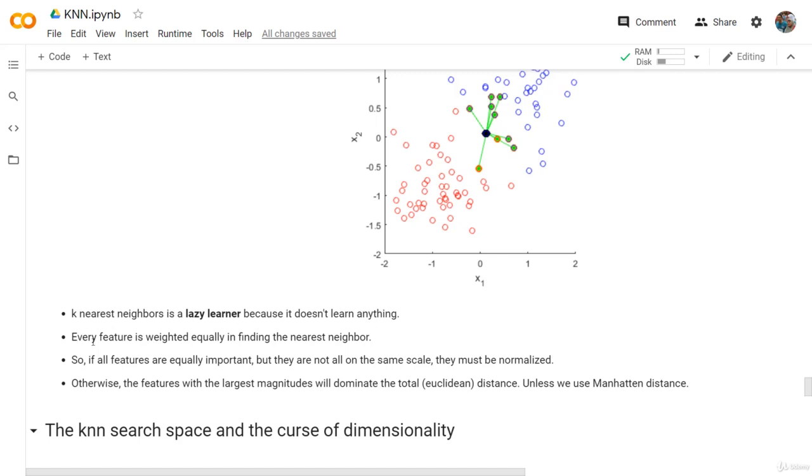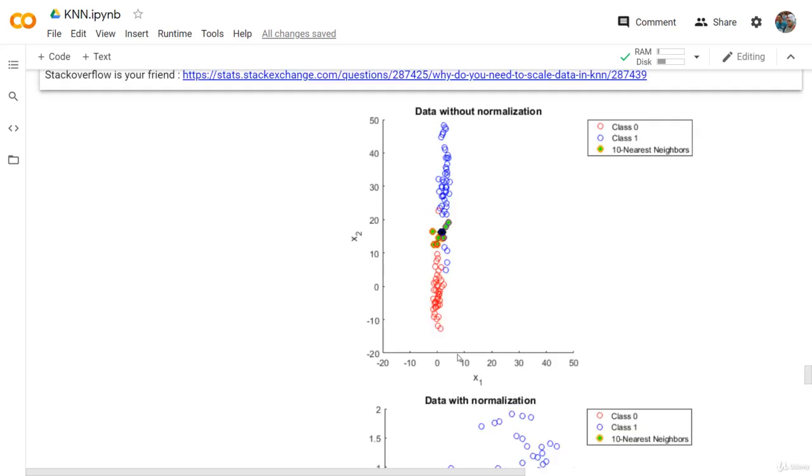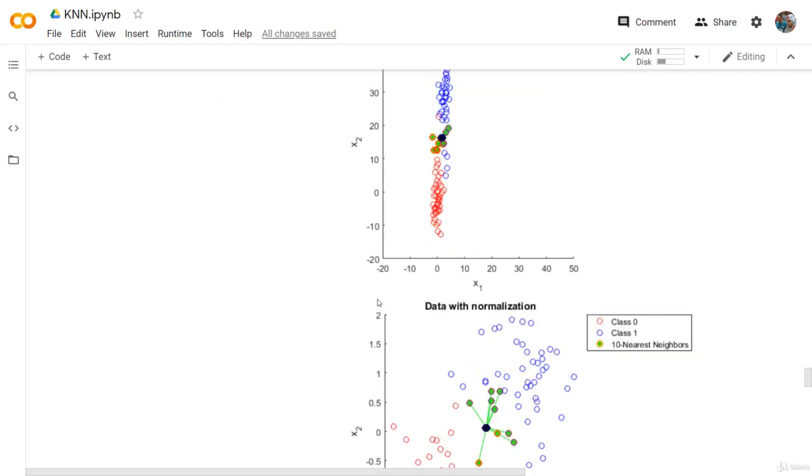So every feature is weighted equally in finding the nearest neighbor. So this feature will have the same weight as this feature. So if we have the range for this feature to be smaller than the range of this feature, then the weight for calculating the distance using this feature will be much smaller than the weight of this feature, right?